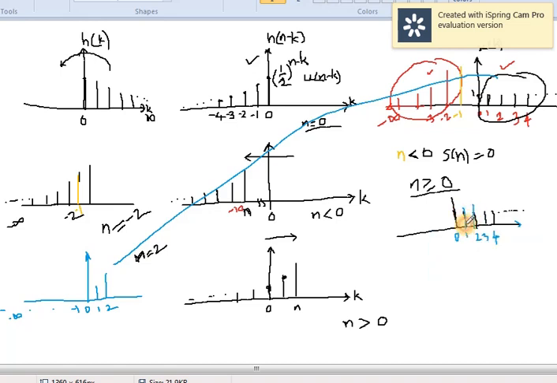If n is equal to 4 and it's superimposed on x of k, then the samples 0, 1, 2, 3 and even 4 overlap and the result of convolution is non-zero, and the starting limit is 0 and the ending limit would be 4.